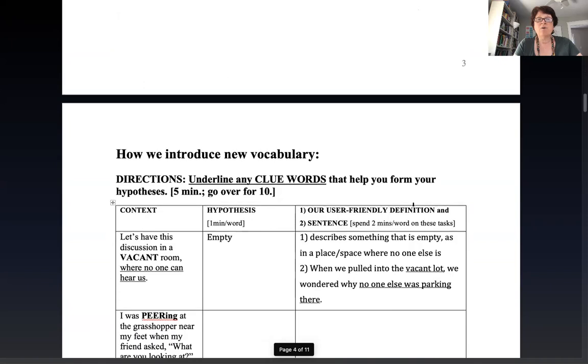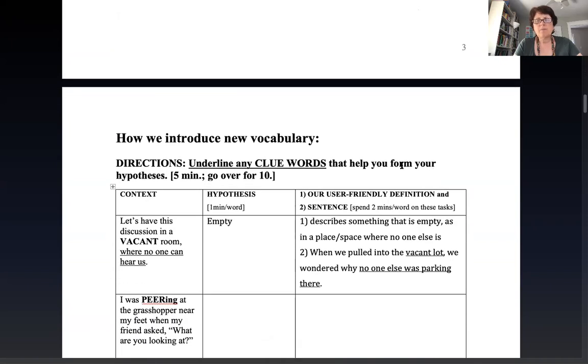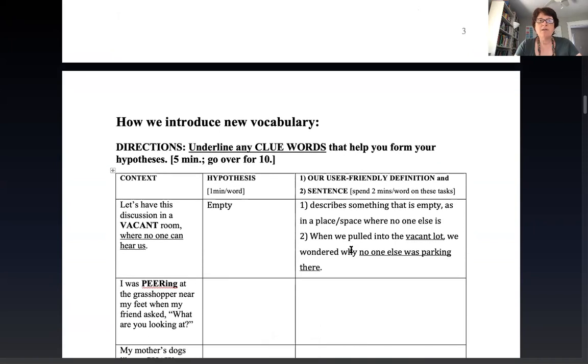Great, so let's say we have our words now. At Great Oaks this year, we are more than likely going to teach 1 or 2 words a day at the beginning of our ELA classes. But what you'll see in front of you now is a 1-pager that has all 5 words in it. And here's how we introduce new vocabulary.